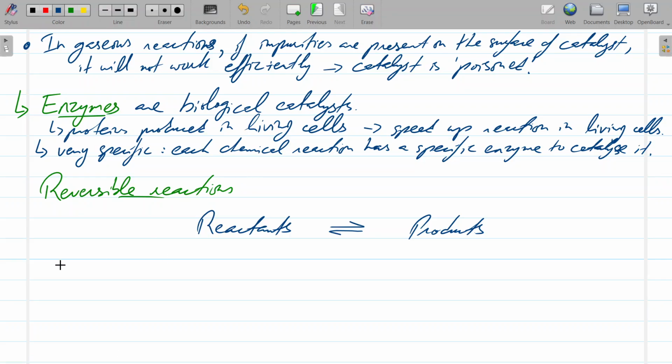In this case, you have a mix of reactants and products.